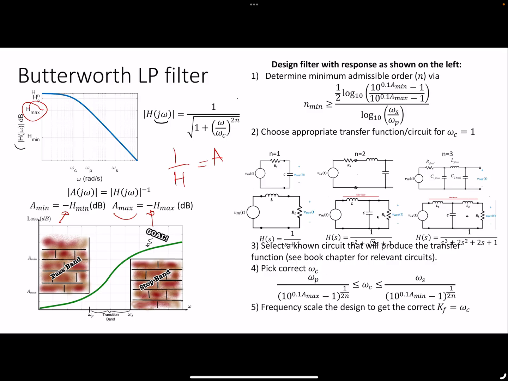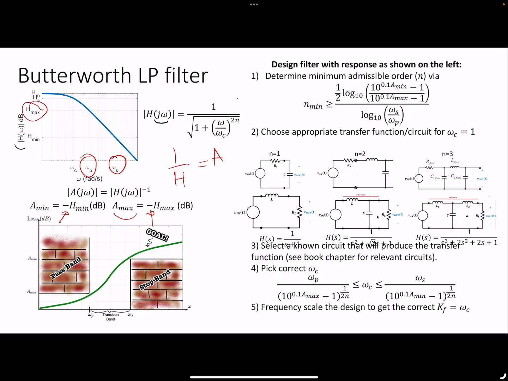Okay, so we said there would be 4 parameters for our designs: H max, H min, and for H max and H min, there would be an A max and A min that correspond to them. Additionally, we said that there would be an omega p, which defines the pass band, and omega s, which defines the stop band.